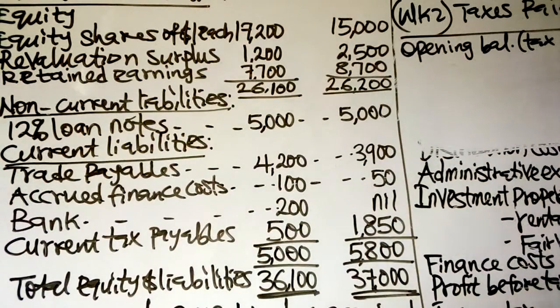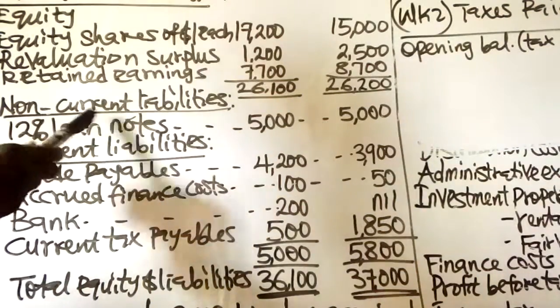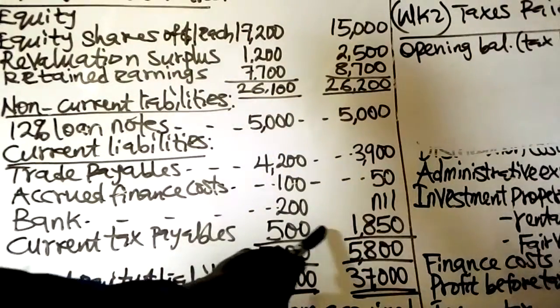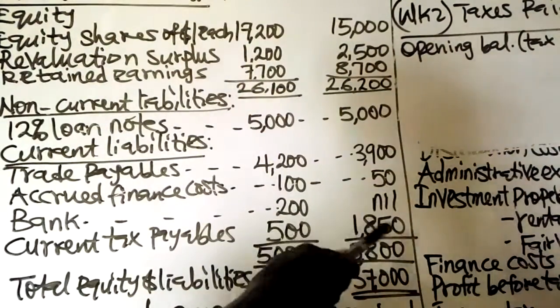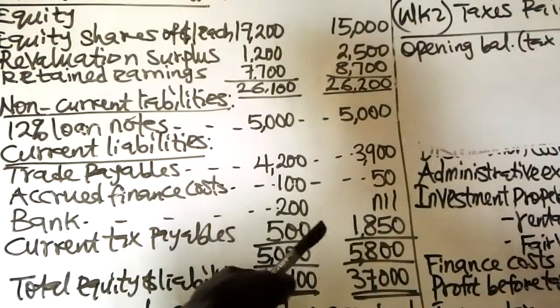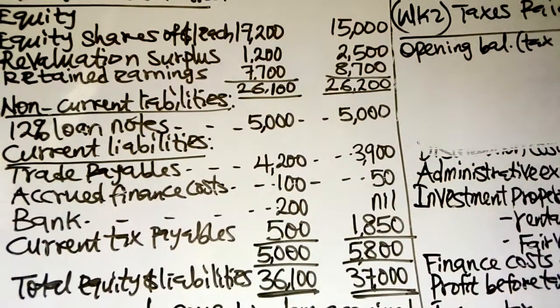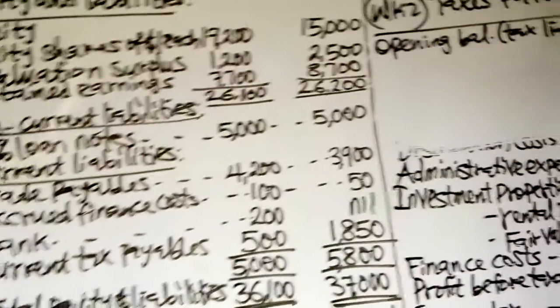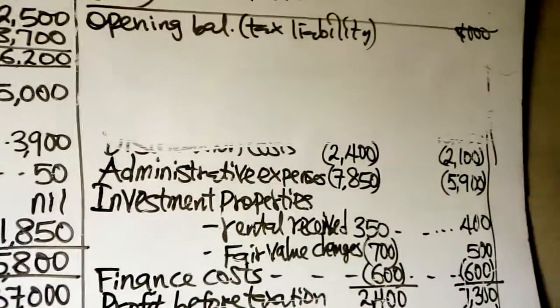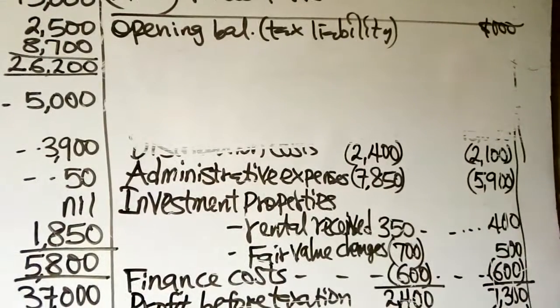You may be given deferred tax under non-current liabilities, but in this question there is nothing like that. So you only have taxes payable under current liabilities. So you are starting with the opening balance of 1,850. I've told you that you always subtract the closing.